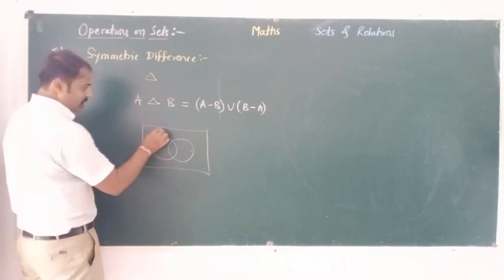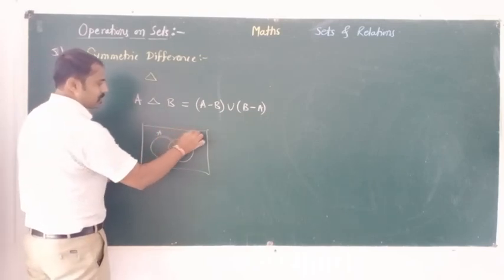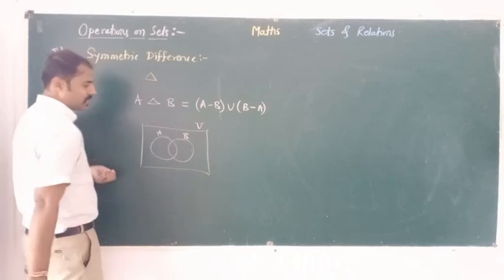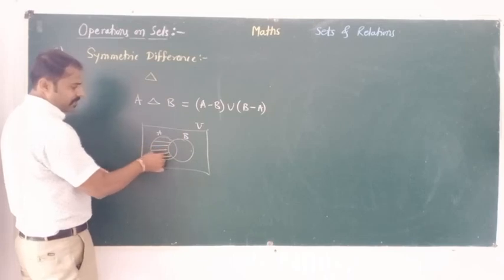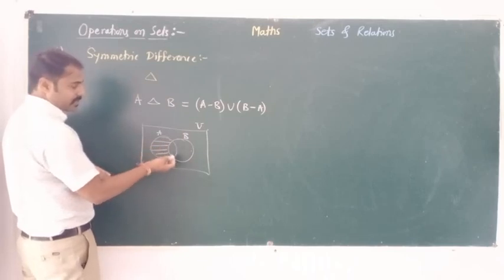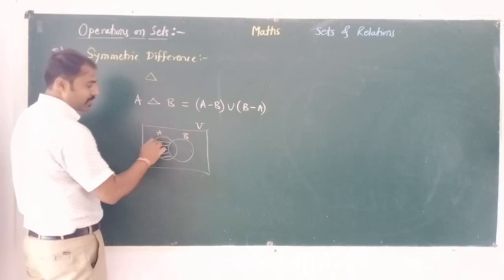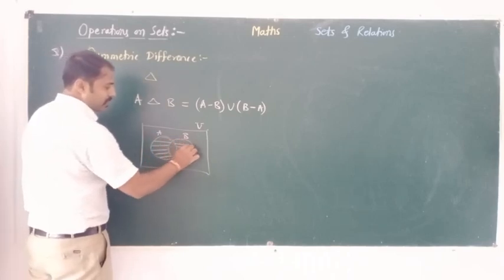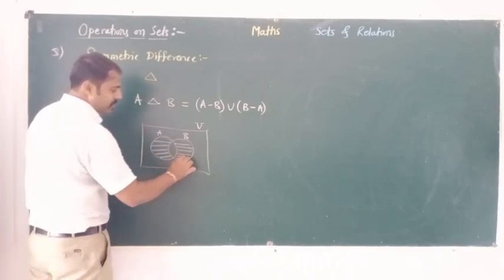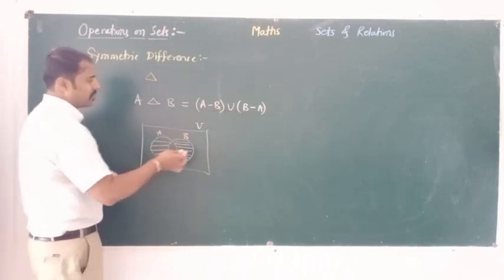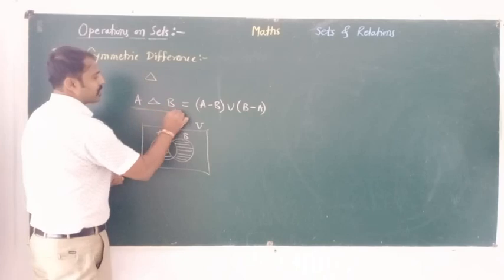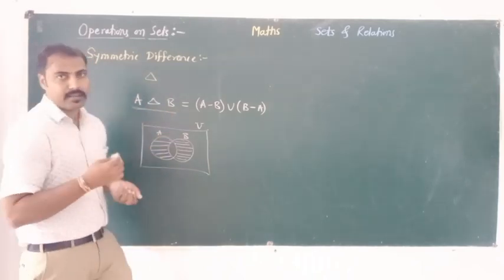Suppose it's set A, it's set B, and it's a universal set, say U. A minus B is here. Okay, B minus A, it is a set of elements in B, not in A. B मध्ये असणारे A इथले एलिमेंट्स आणि ह्या दोन सेटची युनियन त्याला आपण म्हणणार आहे सिमेट्रिक डिफरन्स A डेल्टा B.